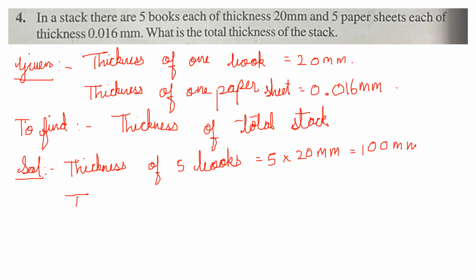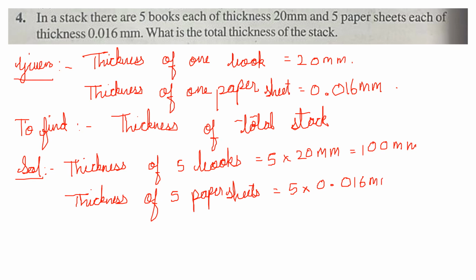And then thickness of 5 paper sheets is equal to 5 into 0.016 millimeter. So if you multiply this, 6 5s are 30, 5 1s are 5 plus 3, 8 and 0 and 0. So this is our answer.